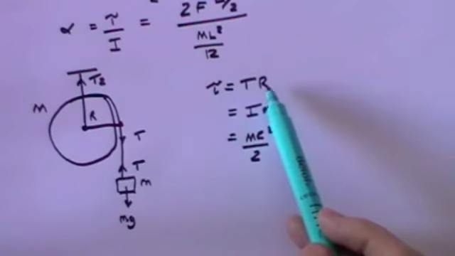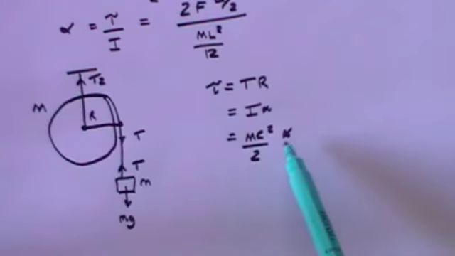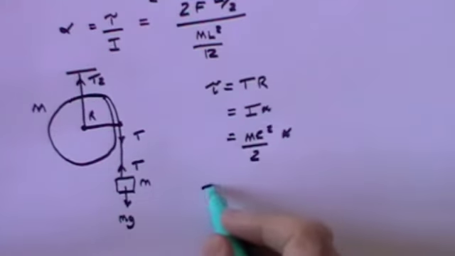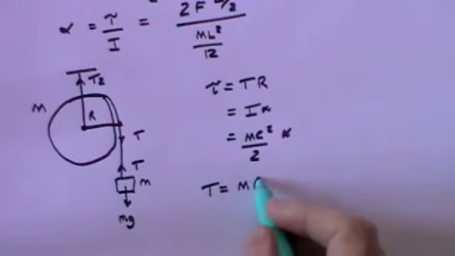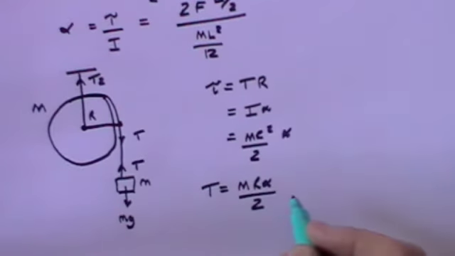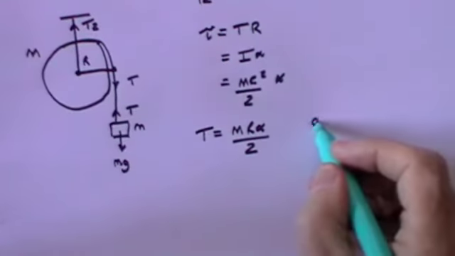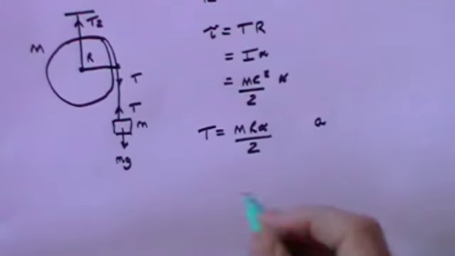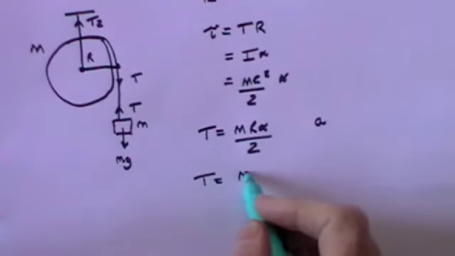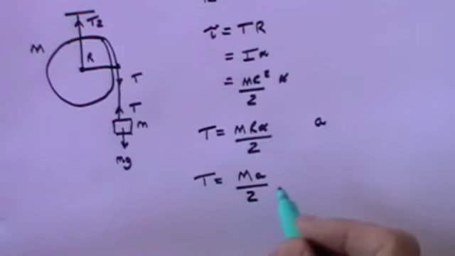So TR equals mr squared alpha over 2, which means that T is equal to mr alpha over 2. But as we showed in the previous video, alpha times r is simply the acceleration, and that gives us that T equals ma over 2.